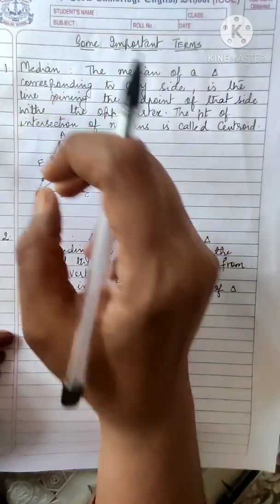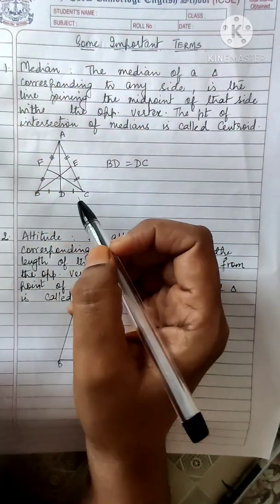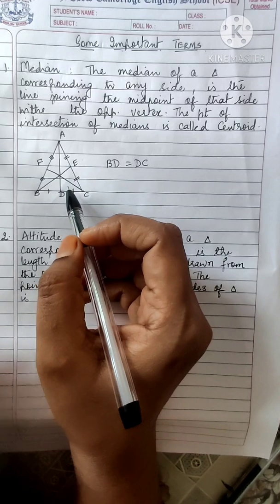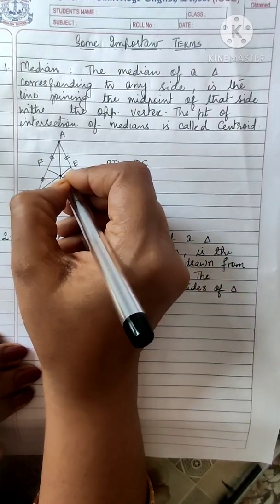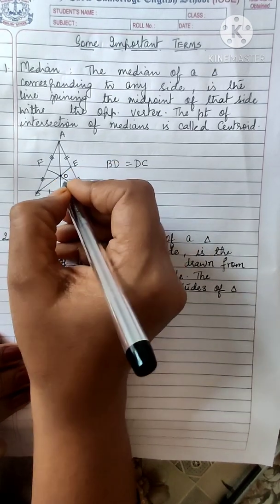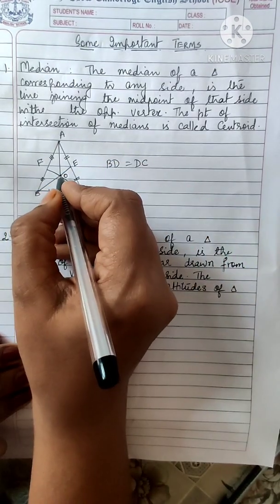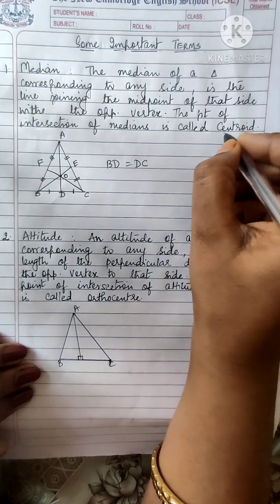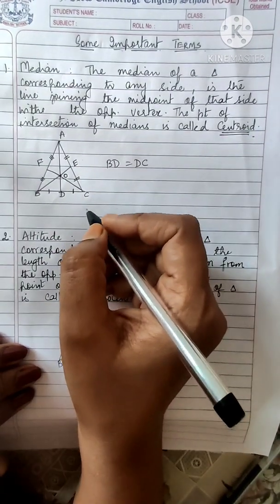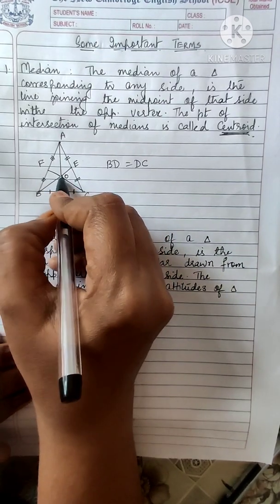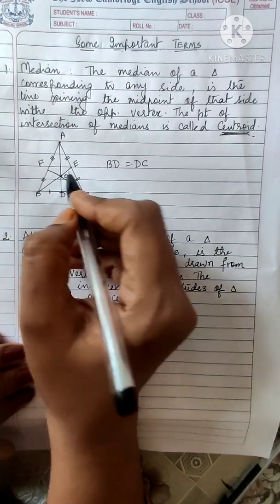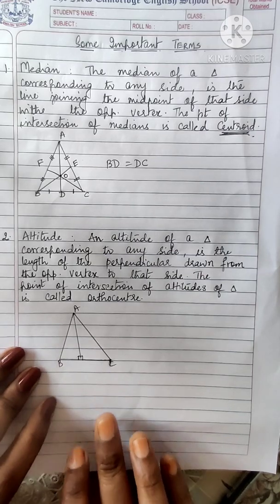So you get AF is equal to BF. Now for a triangle there can be 3 medians and the point of intersection of these 3 medians is called the centroid. You should know all these names. So centroid is the point of intersection of the medians of a triangle.